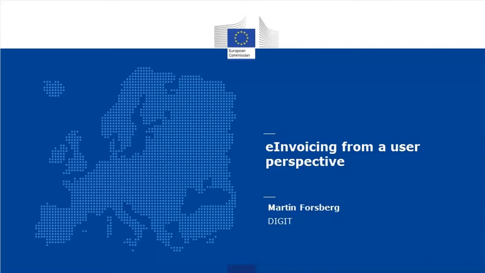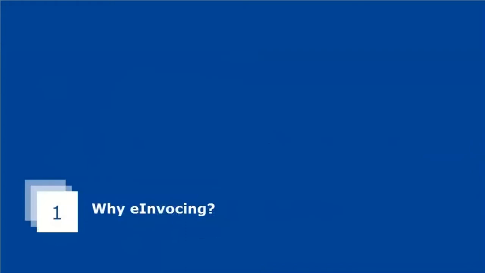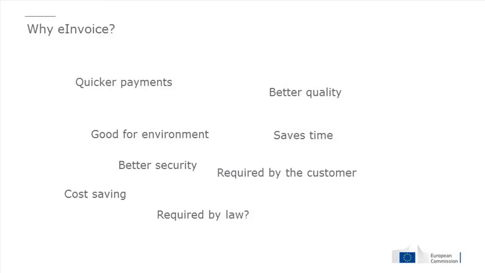So let's get started. Why e-invoicing to start with? We have many arguments for why we should use e-invoicing, and I have a few of them on the slide here. It can enable quicker payments, better quality. It's good for the environment. Actually, that's a significant aspect. It saves time and costs.